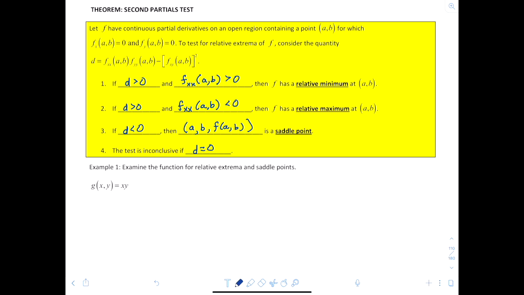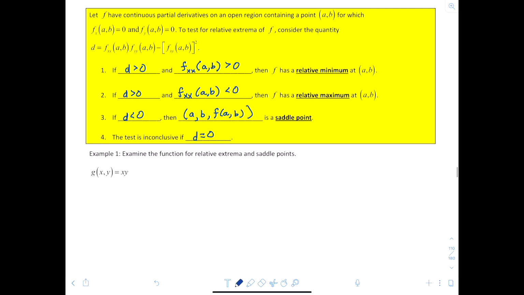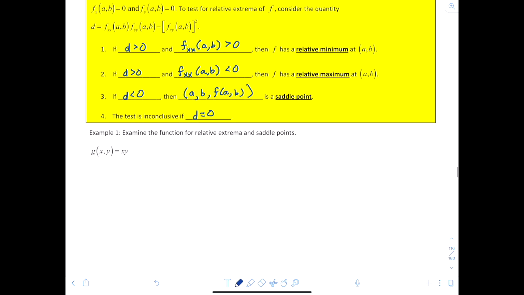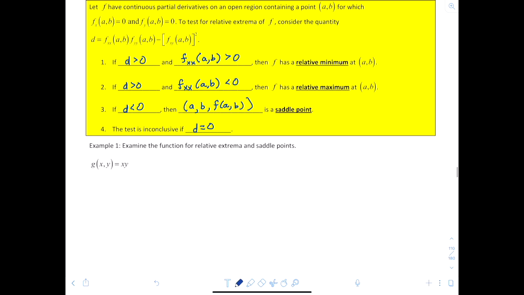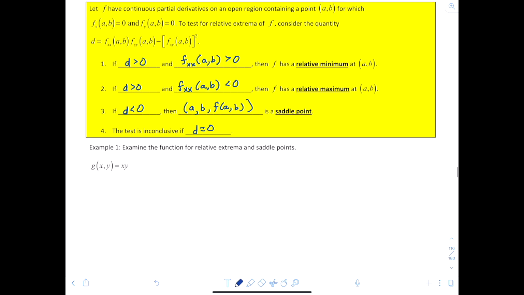So for our first example, we're going to examine the function for relative extrema and saddle points: g of x, y equals x times y. What do we have to do first? Well, we want to find d. And what was d again?